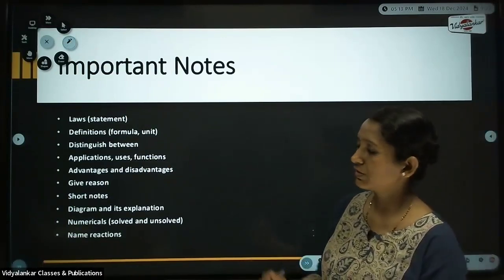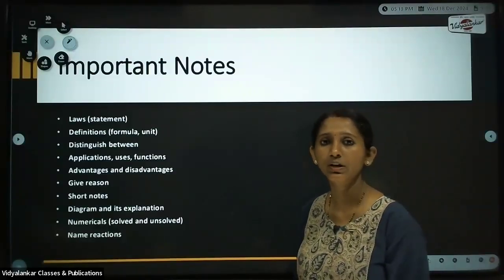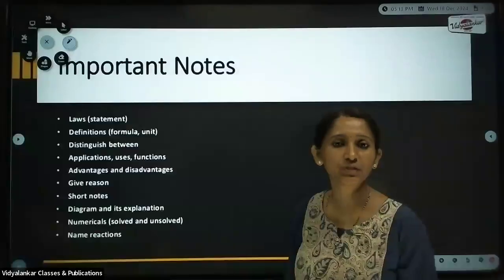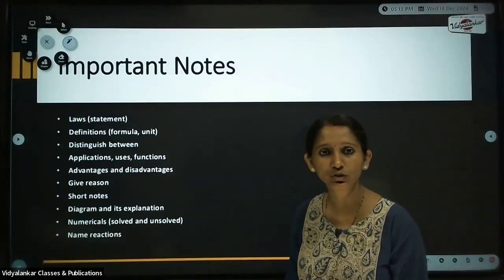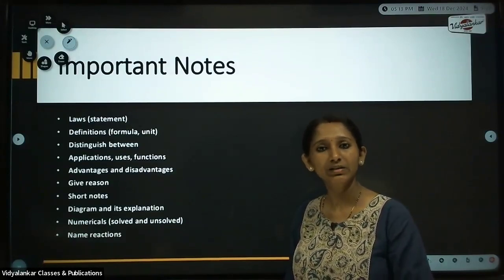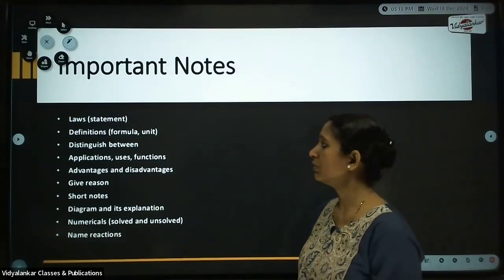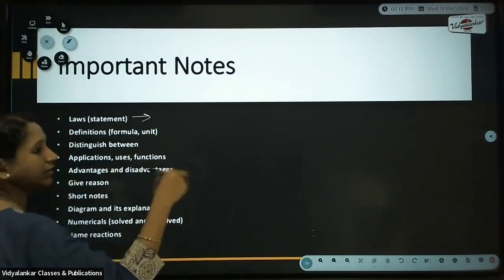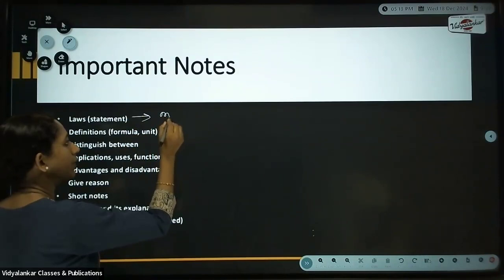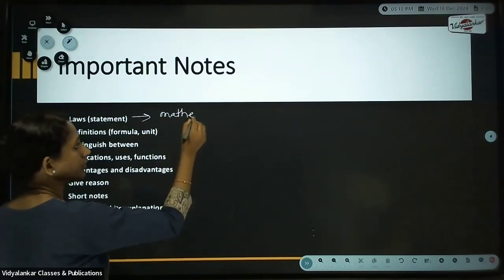From physical chemistry as well as from the inorganic part, you will find a few statements as well as a few laws, which you are not expected to skip. If any law or statement is asked in the paper, first write the statement and then write its mathematical equation.